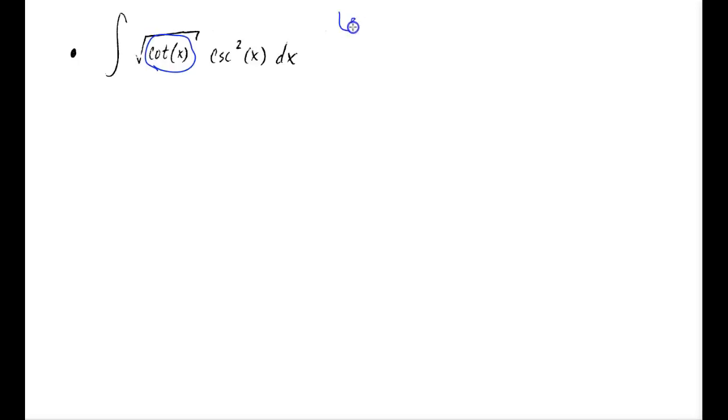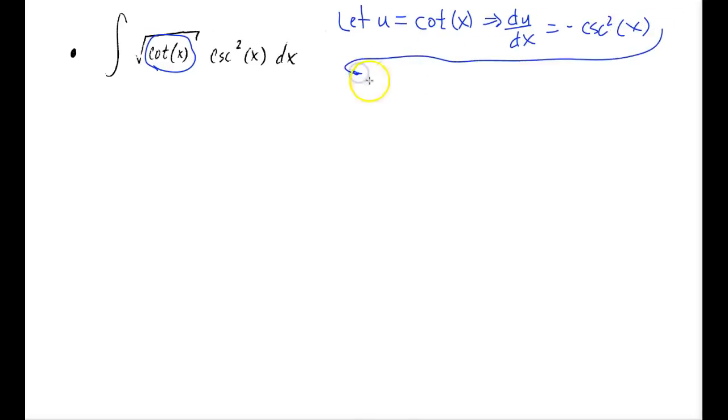So if we do that, then if we let u equal cotangent of x, then that implies that du over dx is negative cosecant squared x. And of course from there, we know that du, if we multiply both sides by dx, is just going to be negative cosecant squared dx.